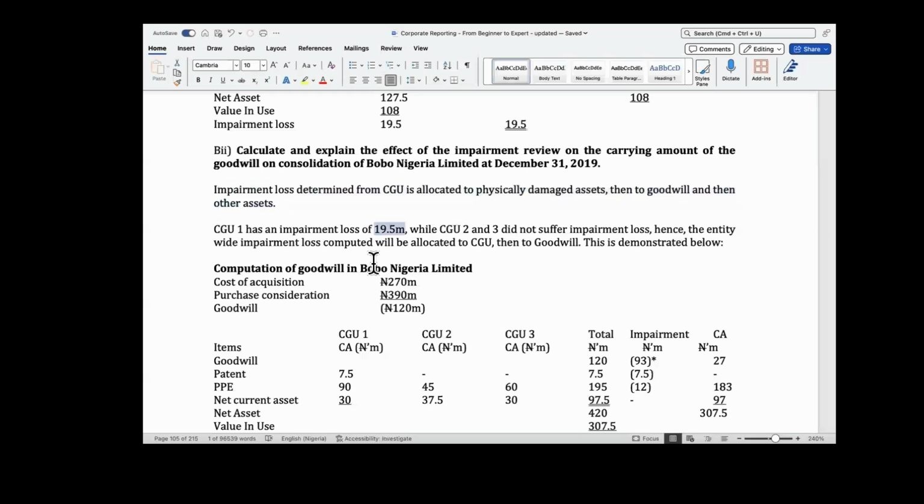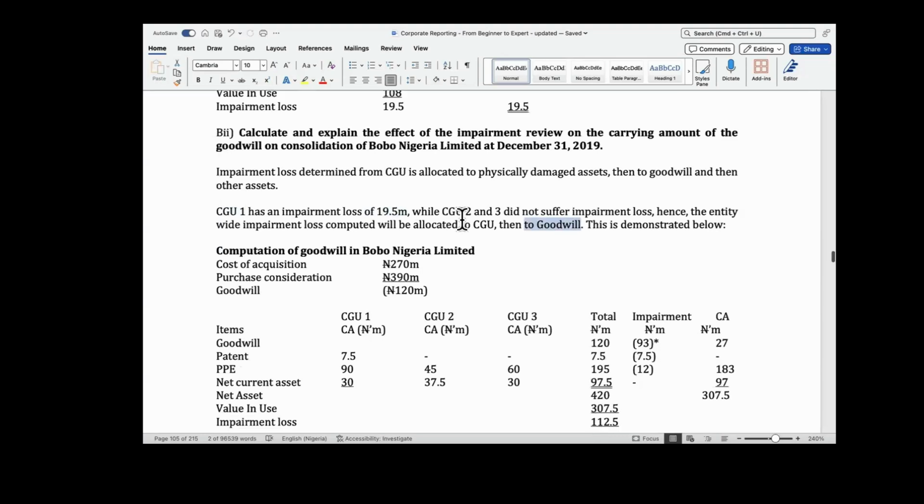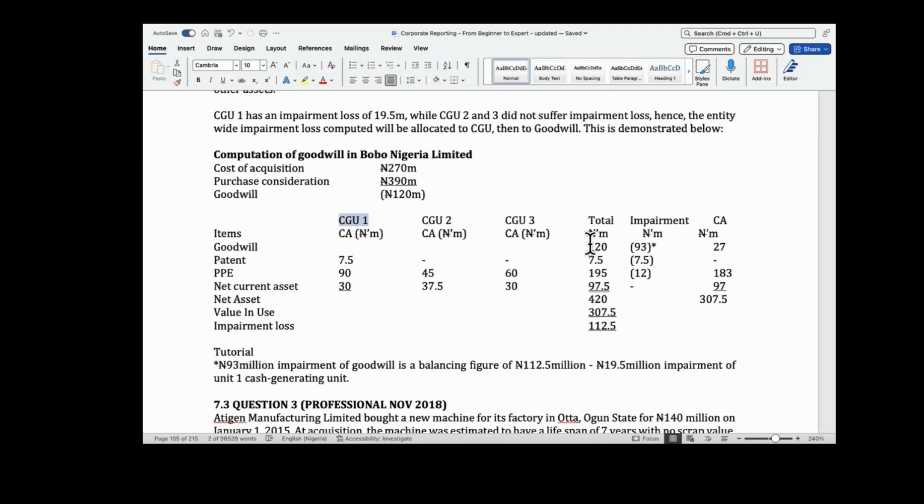So the entity-wide impairment loss will be allocated to the CGU, which is CGU 1, then to goodwill, then to other assets. I took each of those CGUs and got their total values. The addition of PP and non-current assets gives 420.